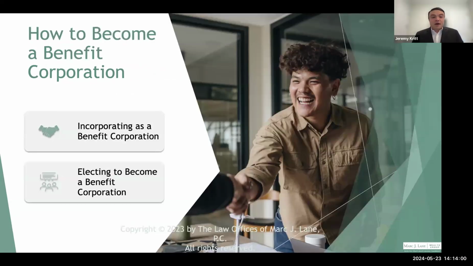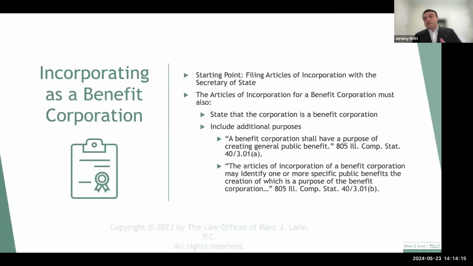So how do you become a benefit corporation? How do you start one? You either start from scratch and incorporate a benefit corporation, or you elect to have your existing business become one. To incorporate as a benefit corporation, the starting point is always what you would do with any corporation in Illinois, and that's file articles of incorporation.